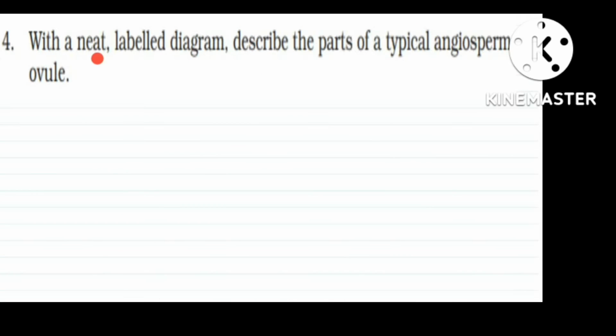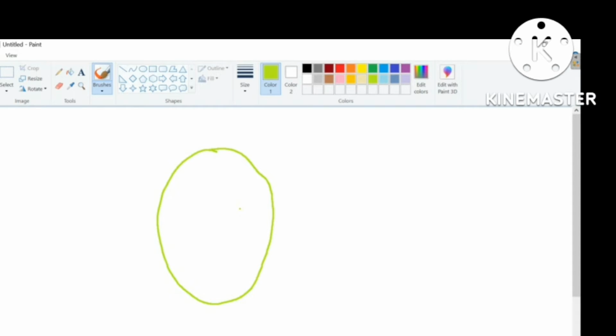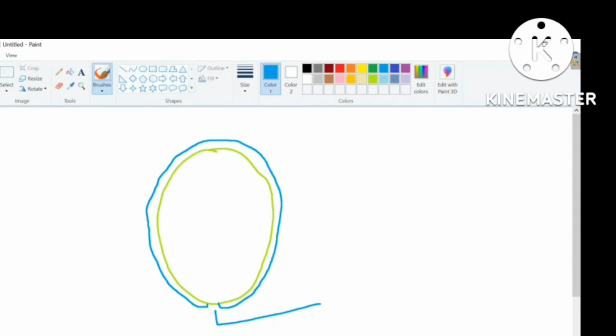With a neat labelled diagram, describe the parts of a typical angiosperm ovule. So this is an ovule, and the ovule has protective integuments, meaning protective coverings, excepting one opening, which is called the micropyle.